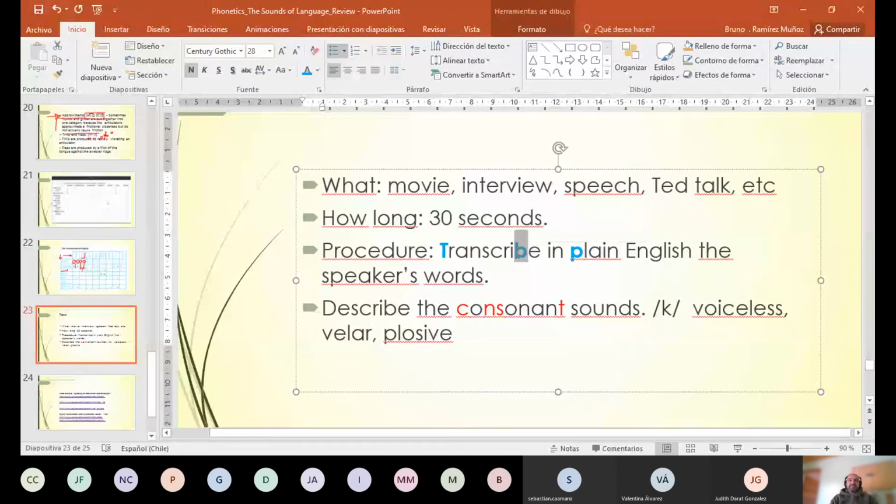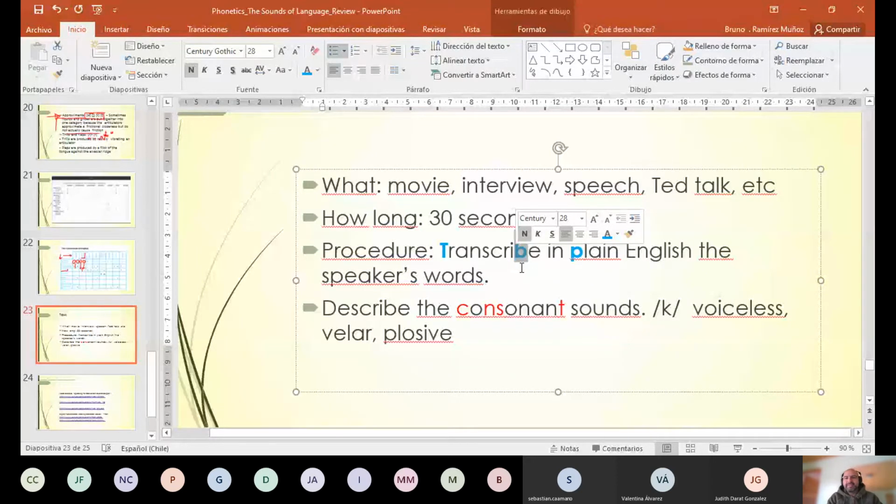So Pia will have to say probably, well, when we produce the sound b, there is a vibration of the vocal folds. That's why it's called voiced, which would be a correct answer, right? Or Pia, you said that b is voiced, bilabial, and plosive. What do you think is bilabial?